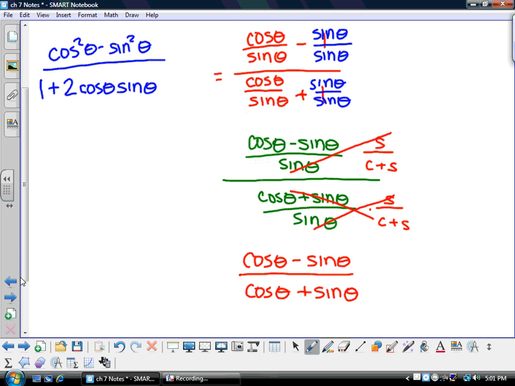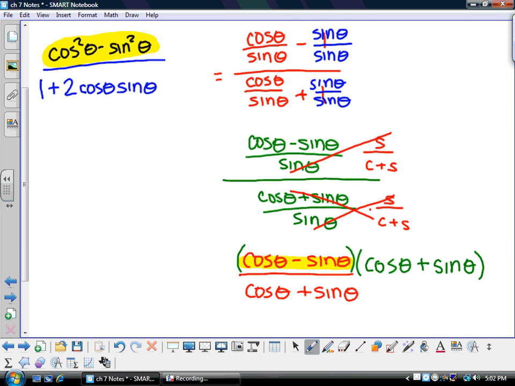The top that I'm trying to get to is cosine squared minus sine squared. The top that I have is just cosine minus sine. This that I'm going to is difference of squares, and difference of squares factors into cosine minus sine times cosine plus sine.